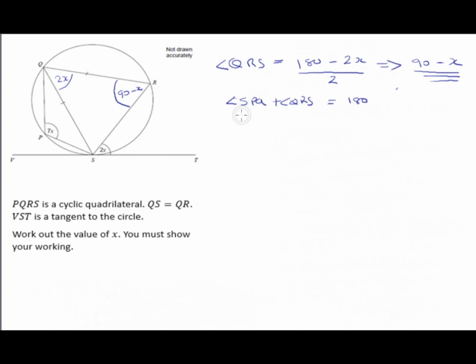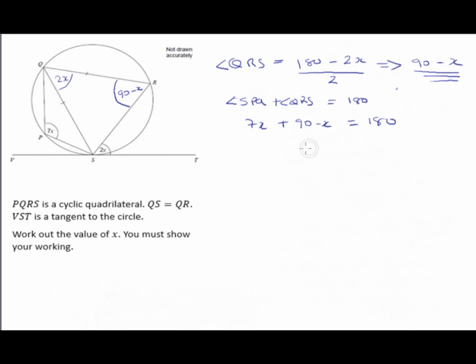All right, so we know that angle SPQ is 7x, and angle QRS is 90 minus x, and it should be equal to 180 degrees. Now let's go ahead and solve.